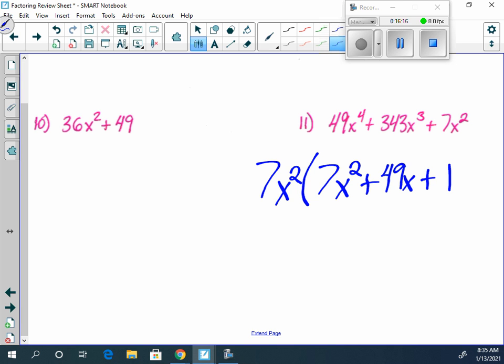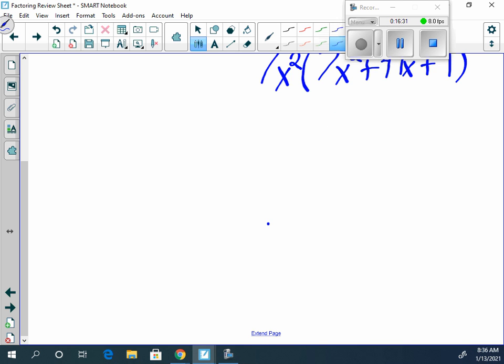Plus 1. Because 7x squared, if I factor out 7x squared from it, I'm just left with 1 because it factors out completely. Okay.